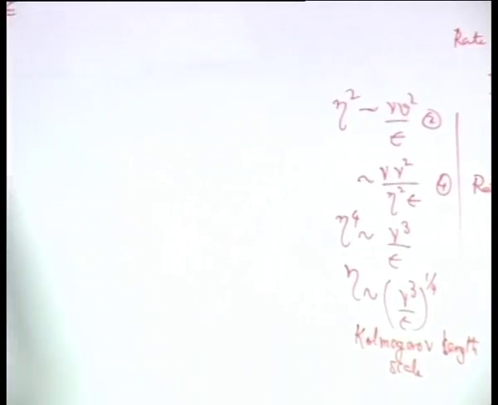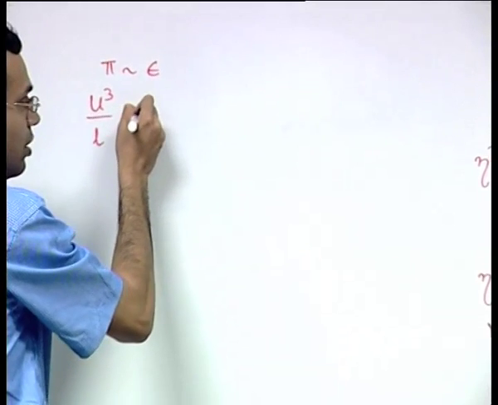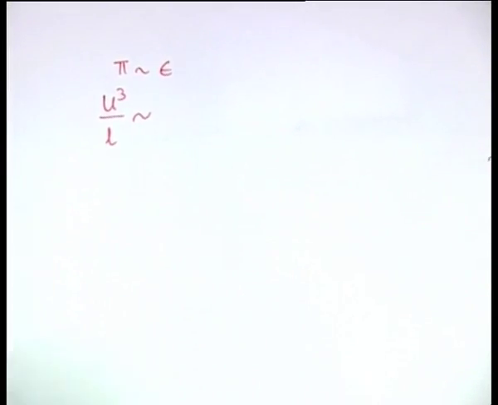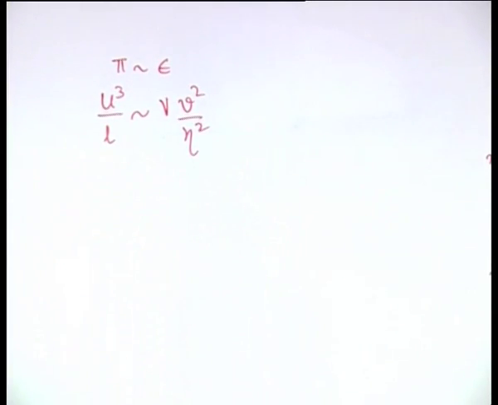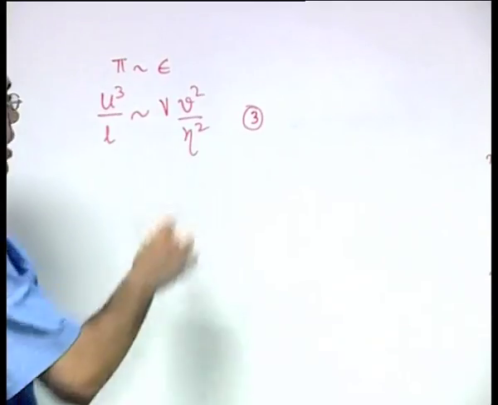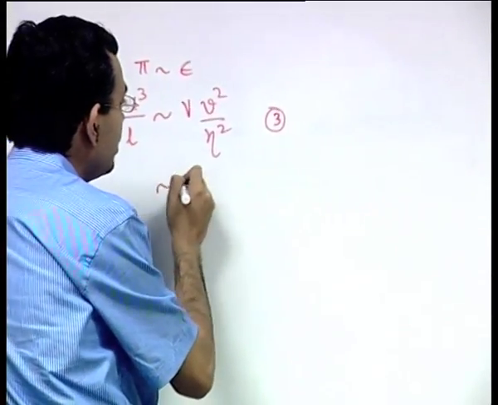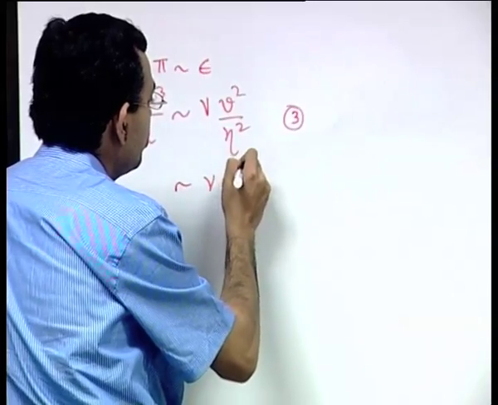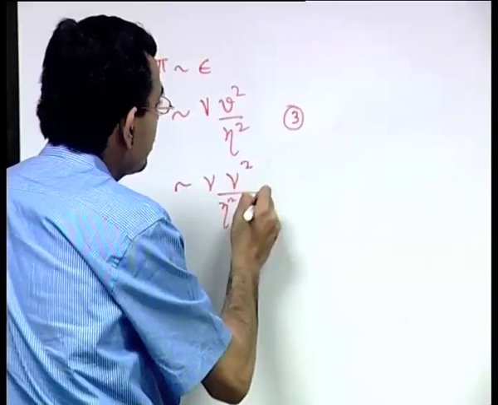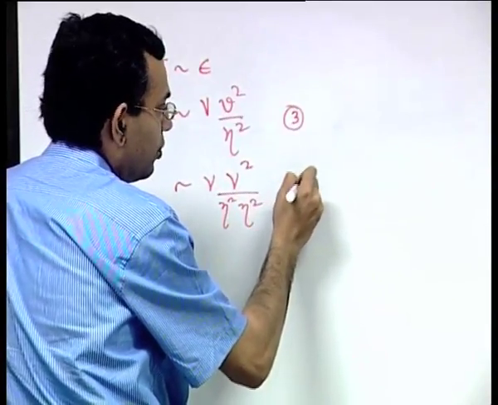So in the system scale you have u cube by L of the order of nu V square by eta square. So this is from 3. Further, V eta by nu is of the order of 1. So you can eliminate V and write this as nu, in place of V you can write nu by eta. So nu square by eta square, this is from 4.